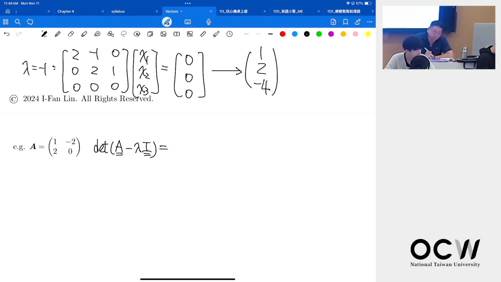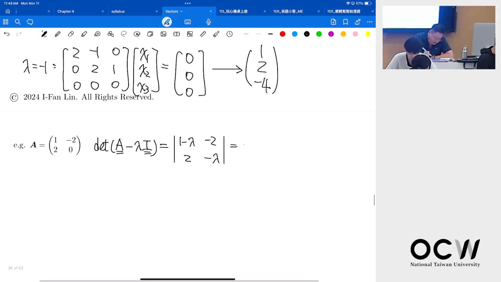If it is 3 by 3 for the matrix A, then the identity matrix should be 3 by 3. 1 minus lambda, 2, minus 2, and minus lambda.